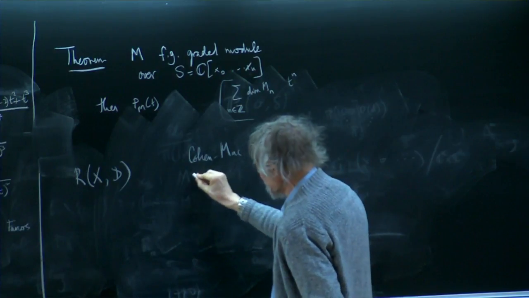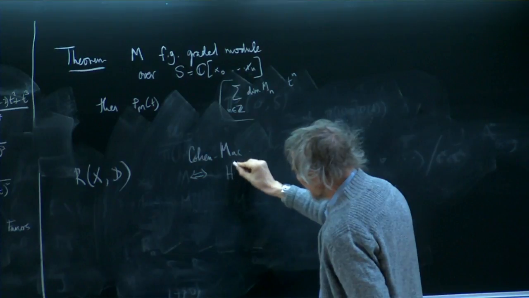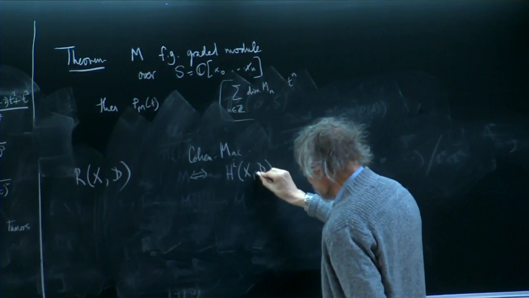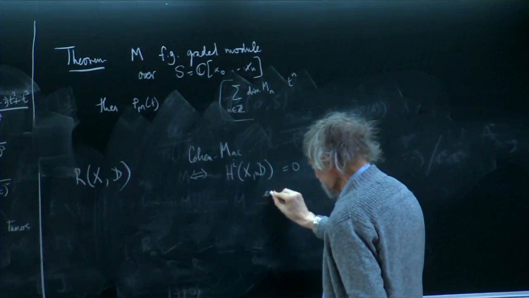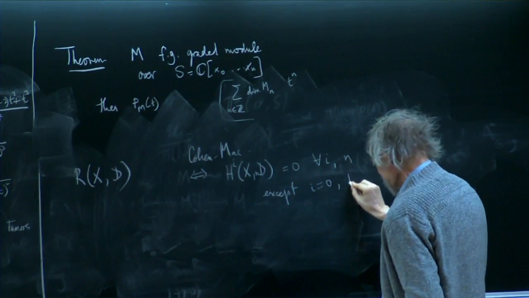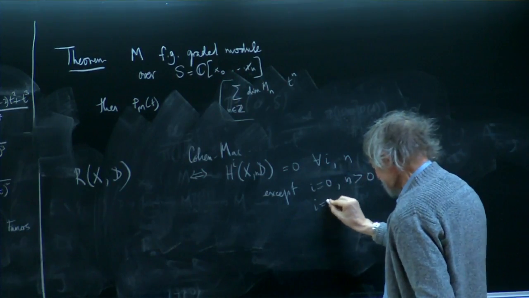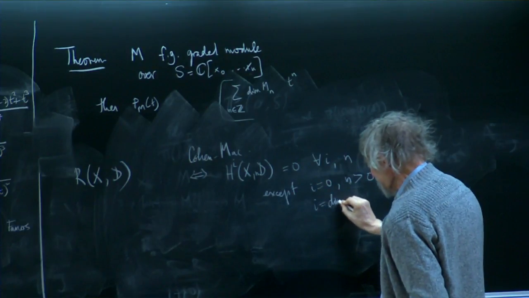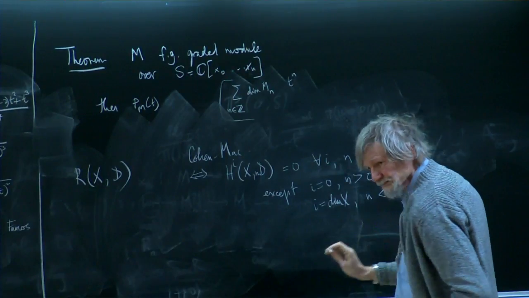That's if and only if H^i(X, nD) is 0 for all i and n except i = 0 with n positive, and i equal to the dimension of X with n less than some canonical number.